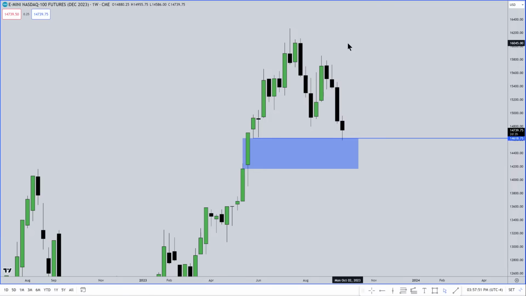That's an SMT bullish divergence. An SMT bullish divergence would be S&P making a lower low, NASDAQ making a higher low, or reverse it: NASDAQ making a lower low and S&P making a higher low. That divergence between relative highs and lows, they should agree.